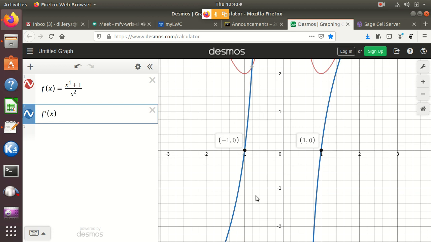So Desmos does a great job with something like this. And then, it's that blue line. I can also see that it is negative on the left side of -1 and positive on the right side of -1. And I can see the same thing at 1. So I can see every value of the derivative in something like Desmos and just get it that way.